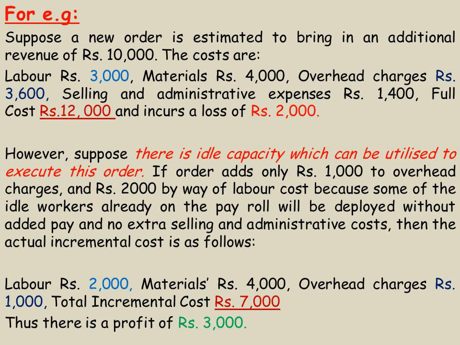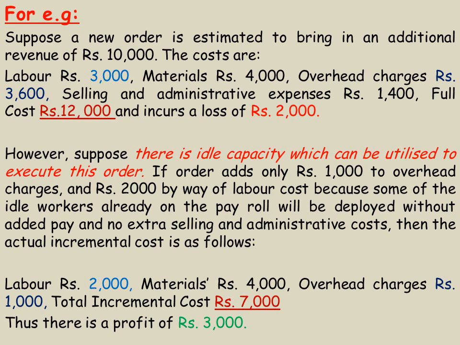Now what are the new expenses? How can they allocate the expenses? Labor, they can pay 2,000 instead of 3,000. Material, as I said earlier, is inevitable. We cannot compensate there, so we have to pay 4,000.